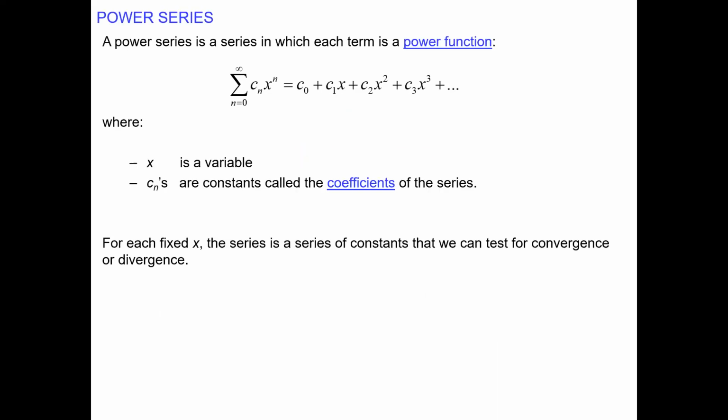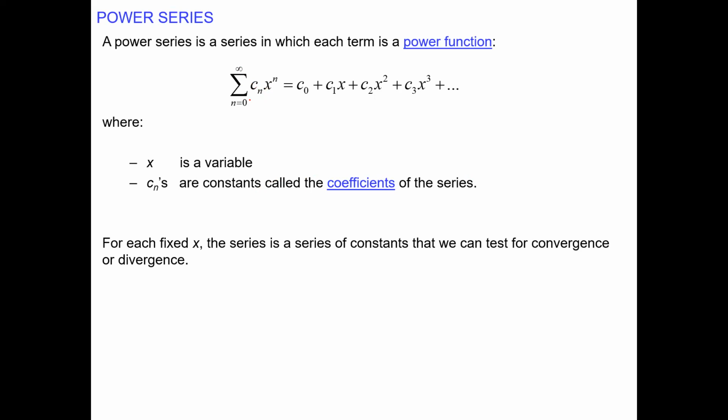Okay, let's check. The power series is the series in which each term is a power function of the form C sub n x to the n. As we can see, we have the summation of C sub n x to the n. C sub n is a constant coefficient, the coefficient of the series.